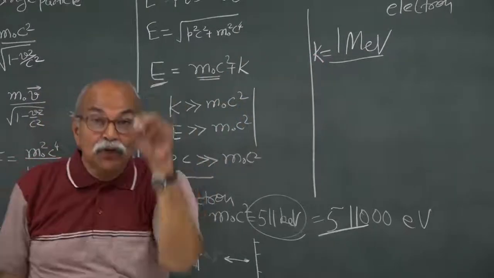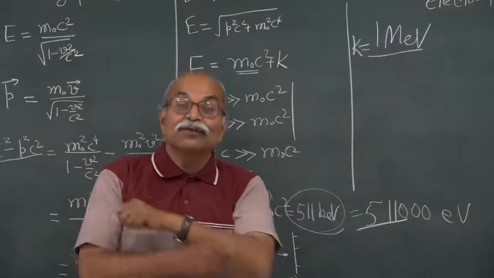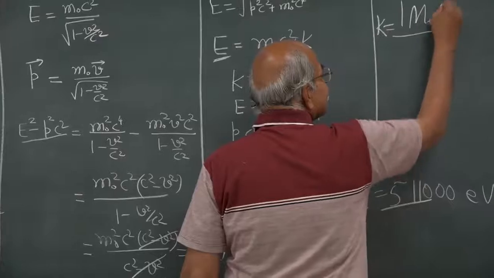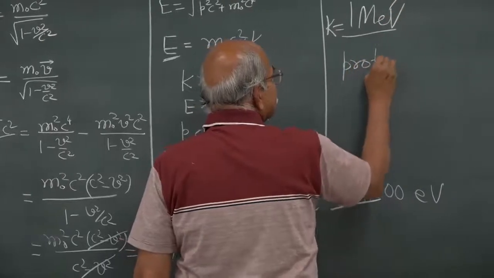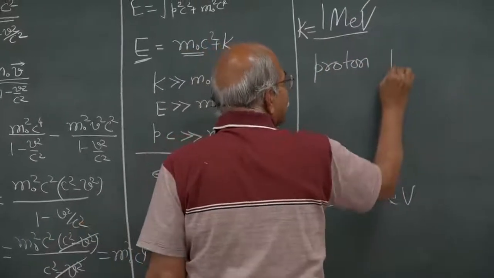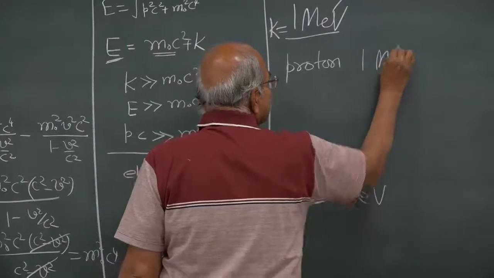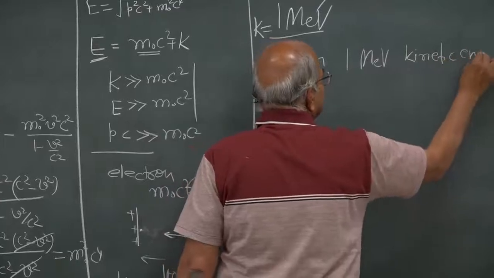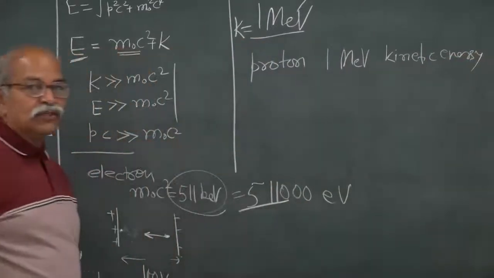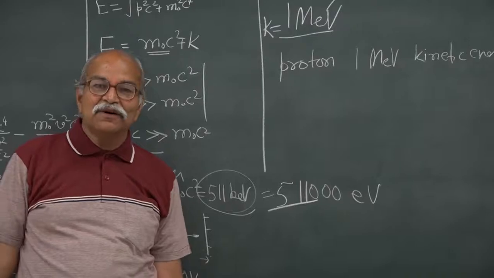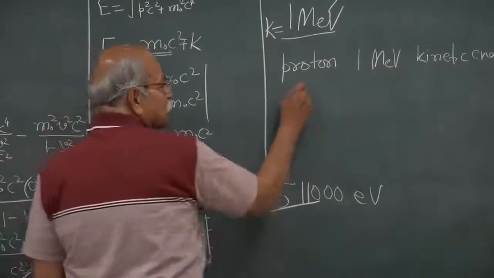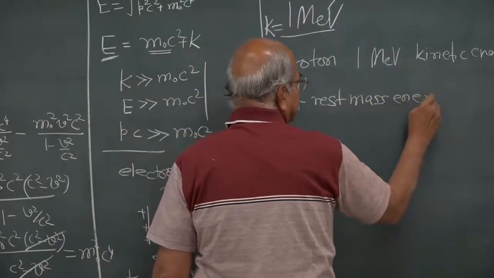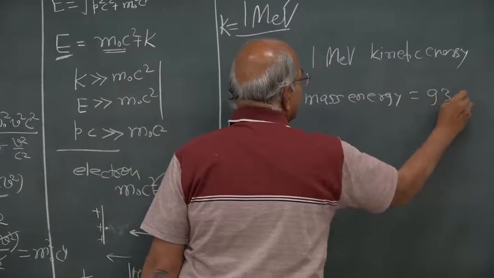But if you have a proton which goes through the same accelerator and the proton kinetic energy becomes 1 MeV. So instead of electron, if you have a proton going through that same 1 MeV potential difference, and 1 MeV becomes the kinetic energy, you can still use Newton's laws because the proton rest mass energy is 938 MeV.